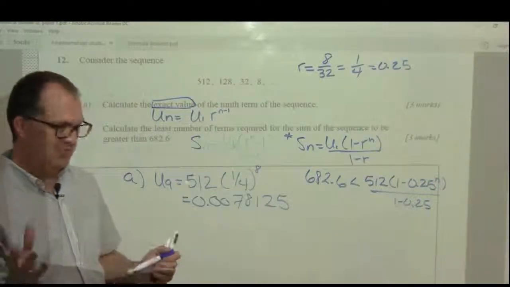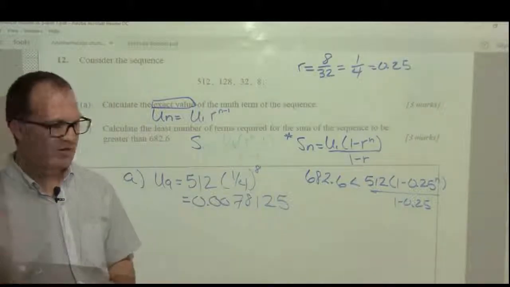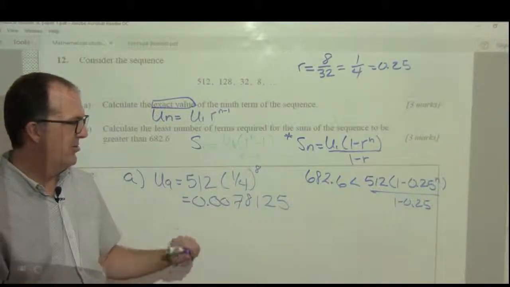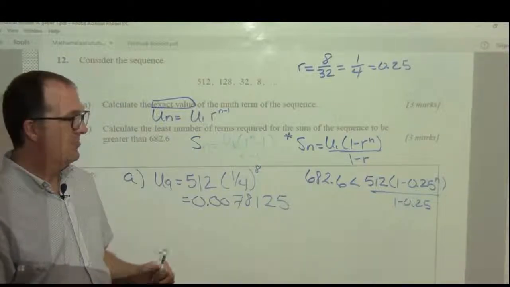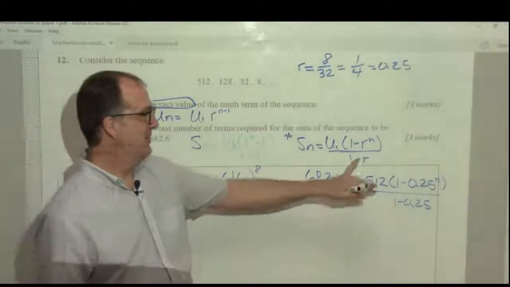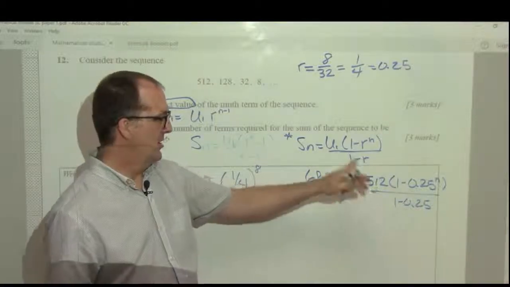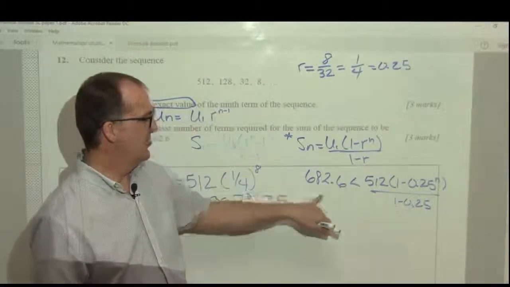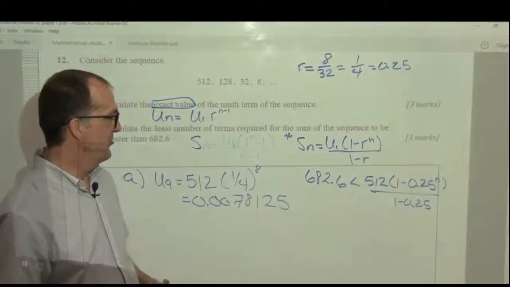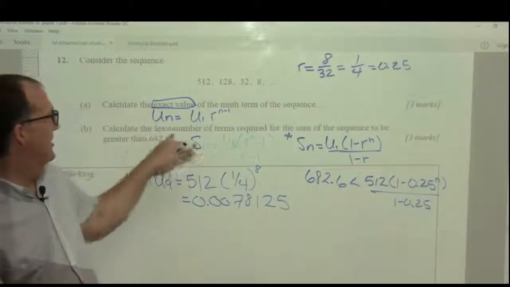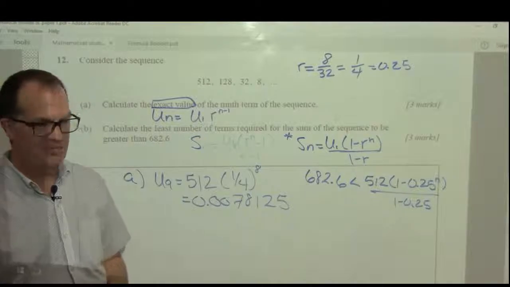And if you've done some other higher maths, you would know that you could use a logarithm to do it, but basically I'm not worried about that. What I'm just going to do is plug this into my calculator and look at the list to see when this result will be greater than 682.6, and it will be the first time that that happens.